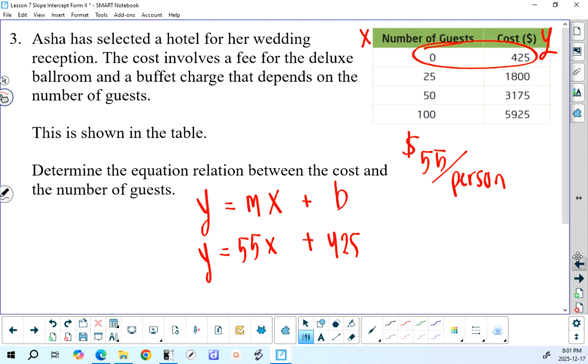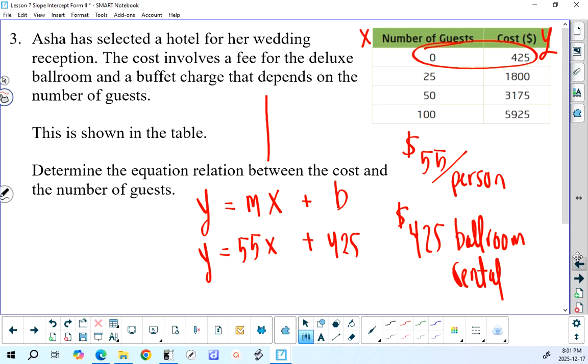And the plus 425 is $425, probably for the hall rental. Is it a hall? Ballroom rental. And this graph would have a positive y-intercept and a positive slope. It would look like that.